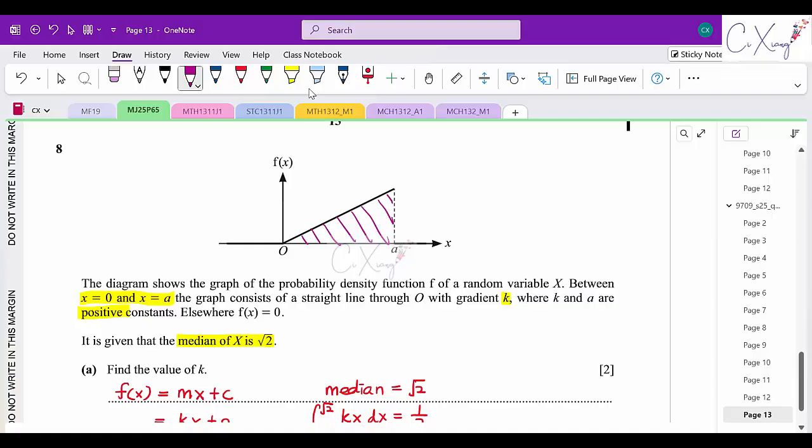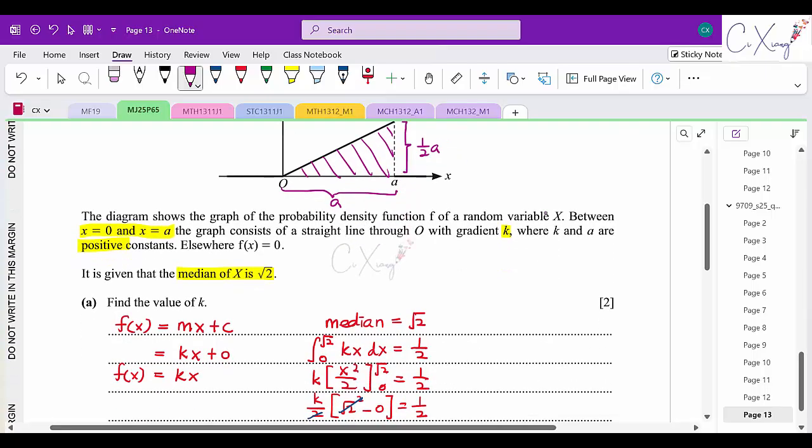And since it is a triangle, I prefer to use the basic triangle area formula. The base is a. What's the height here? We know that it is half x, right? When x equals a, the height will be half a. So you know that half times base times height equals 1, because the area is 1 for a continuous random variable.